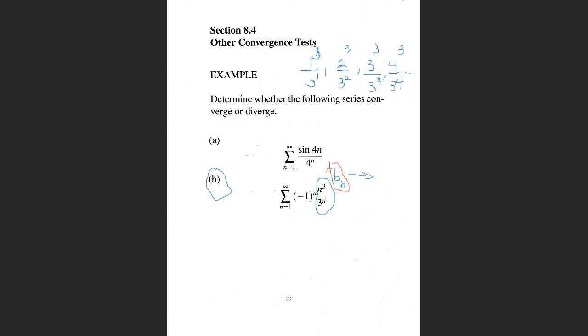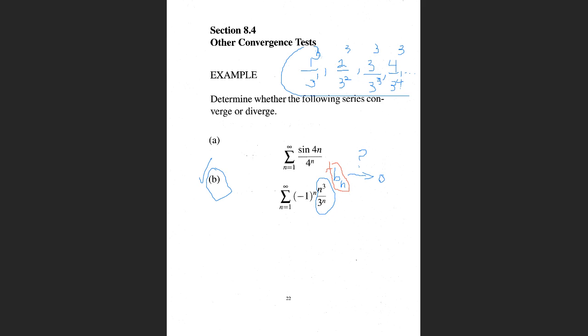Now, if we were to use the alternating series test to justify convergence of this series B, we would have to show that the sequence of terms approaches 0.